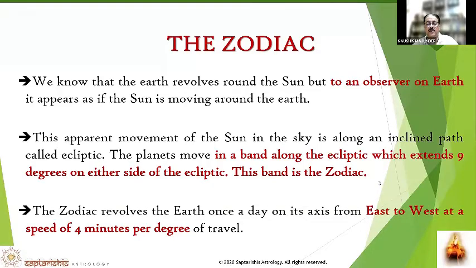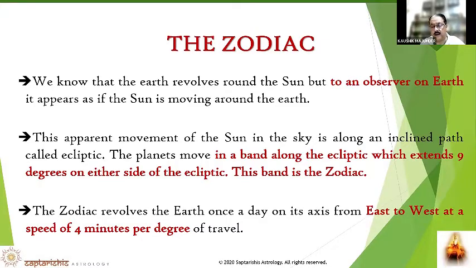Now, this zodiac revolves around the earth once a day on its axis from east to west. Obviously, we know that the sun rises from the east and sets to the west.